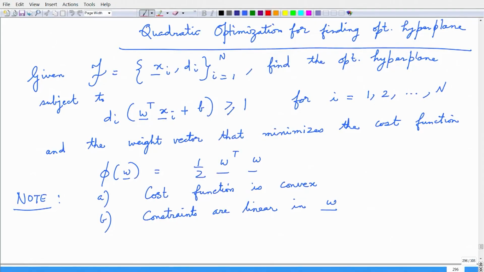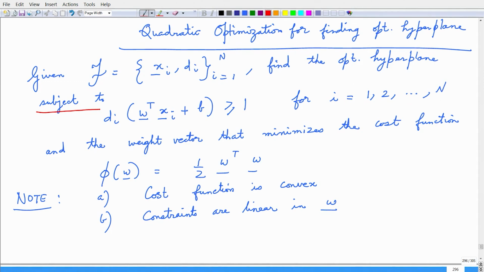What we are given here is this set F that comprises pairs (xi, di), i equals 1 to N. We have N examples, and we want to find an optimal hyperplane subject to the constraints di times (W transpose xi plus b) is greater than or equal to 1 for i equals 1 through N.